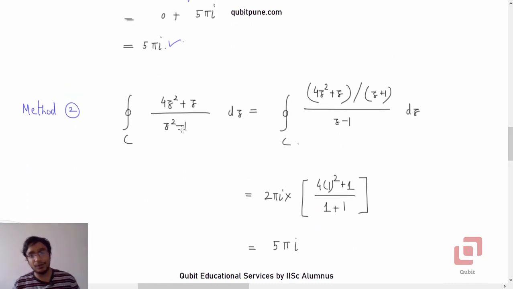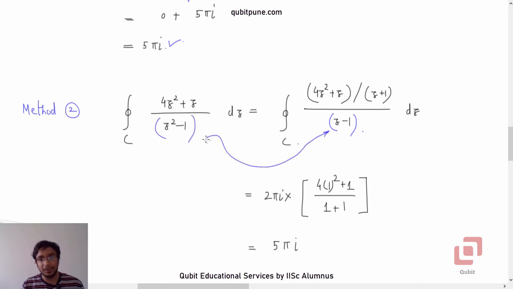This time, after identifying the point at which the function is not defined, and that point lies inside the curve C, we only keep that particular term in the new integrand's denominator, that is z minus 1, and all other factors of the function, if there are any, which correspond to locations outside C, we include them in the numerator.